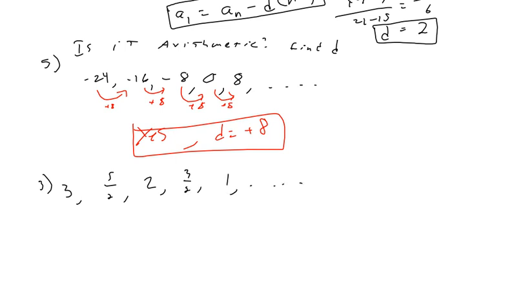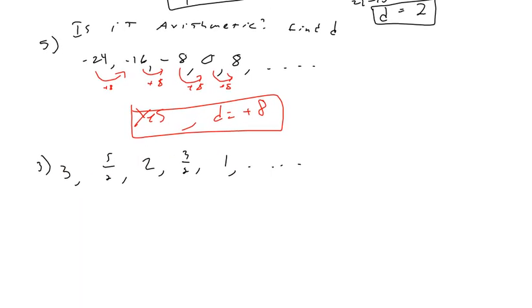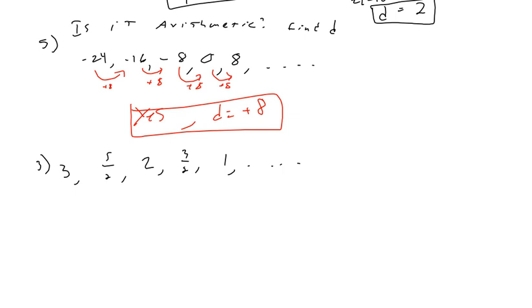How can we tell, I mean, maybe if you're clever you can see, but how can we tell for sure if this is an arithmetic sequence, what can we test? What can we do? Well, to test, we can test points. We can take two values next to each other and subtract them.